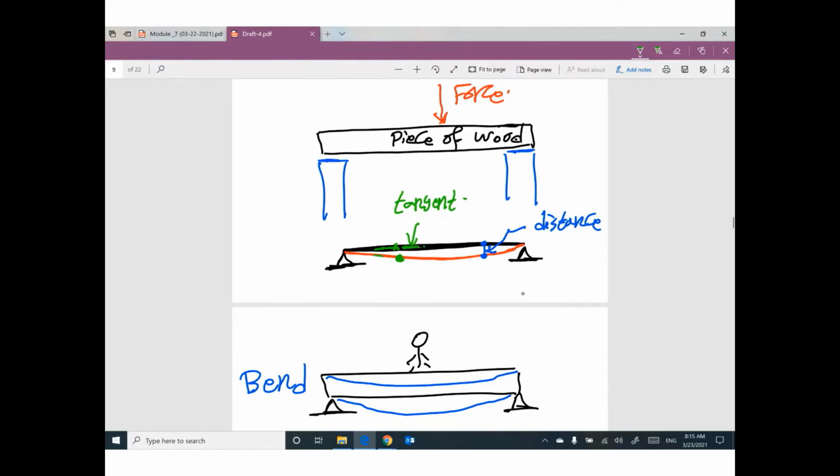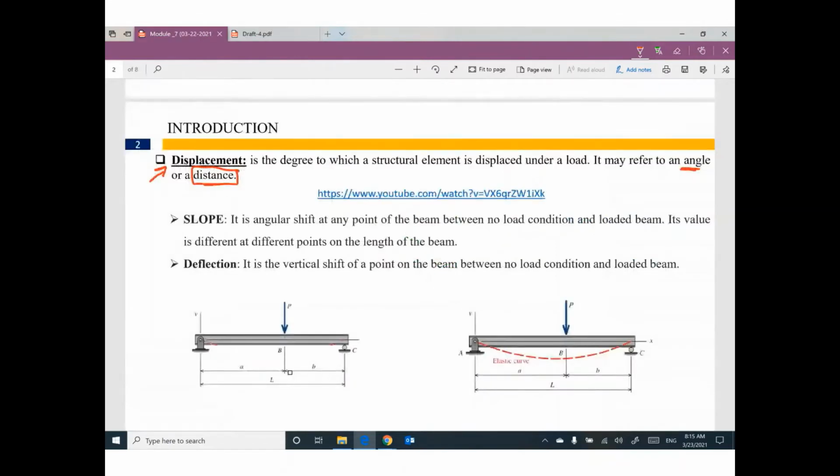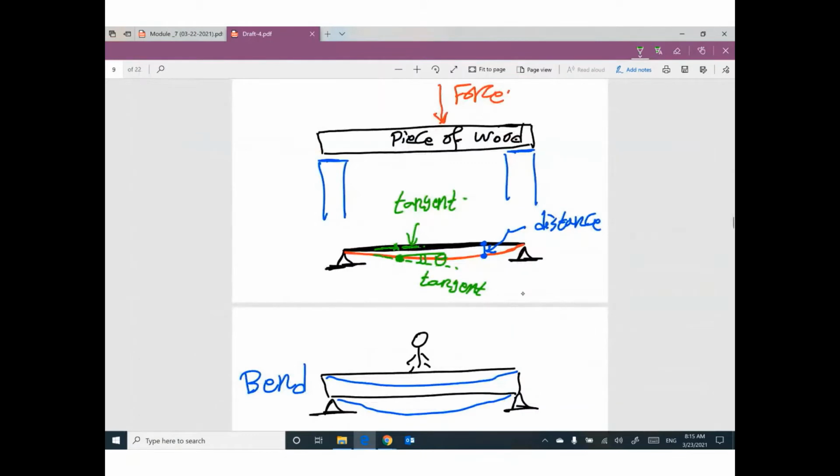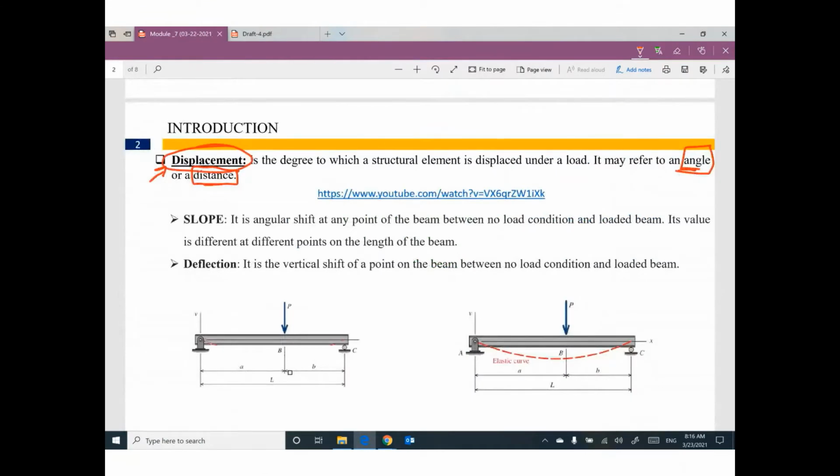If you would like to draw a tangent, we will have a tangent with angle theta with the horizontal. So we have angle. So any point here will have distance. It moved a distance and rotated by angle theta. So we have displacement.